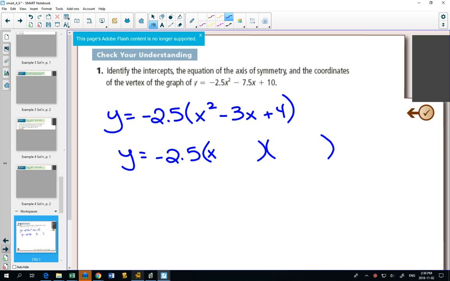X minus 4. Oh, this would be a minus 1, sorry. That would be a negative 4 if I factored out, and this would be a plus 3. There we go. X plus 4, x minus 1.